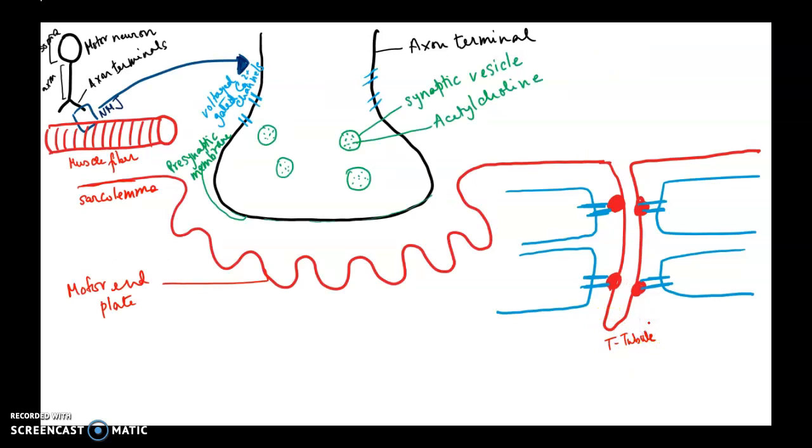T-tubules. And along the T-tubules, do you see the red dots? These are voltage sensitive calcium channels. All right. What else do we see?